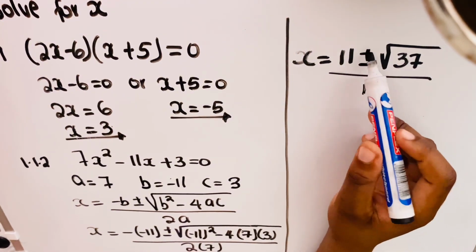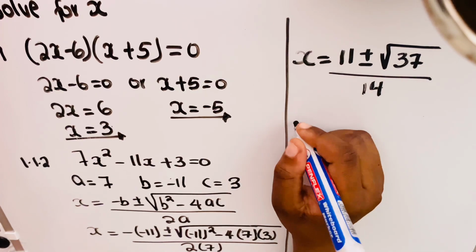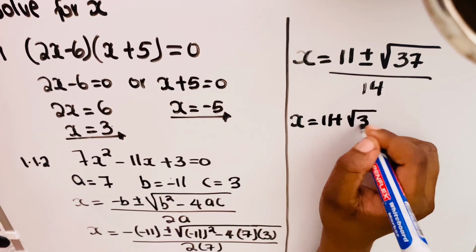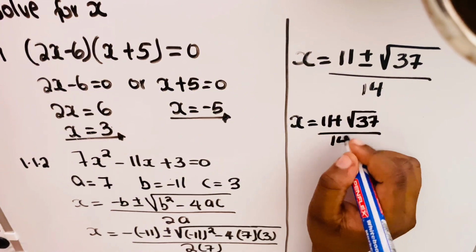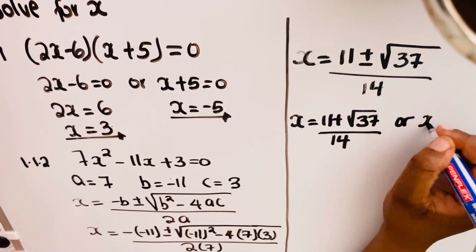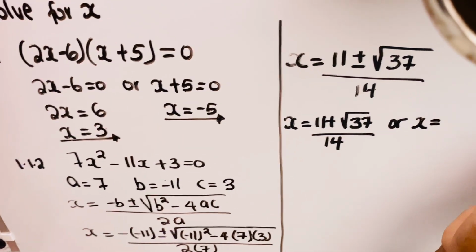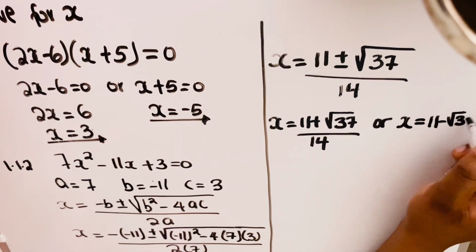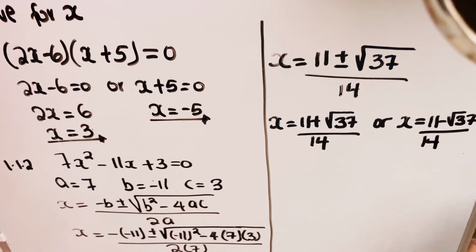So from here, we need to separate the plus or minus. So this is going to be x is equals to 11 plus root of 37 over 14, or x is equals to 11 minus root of 37 over 14.